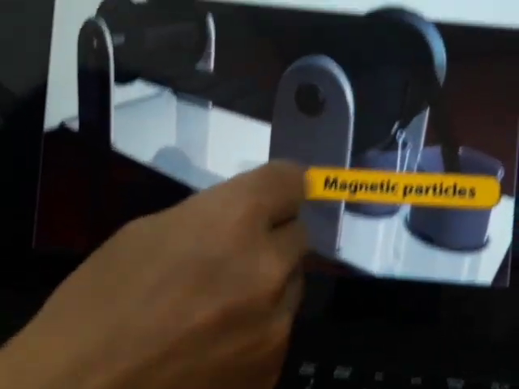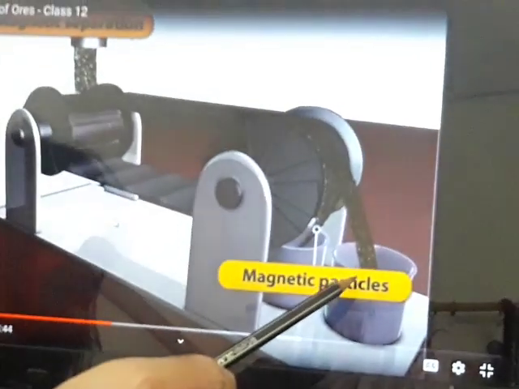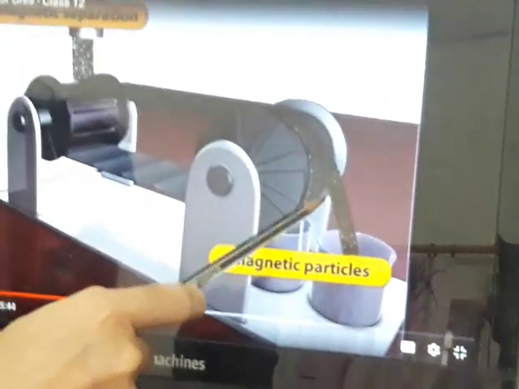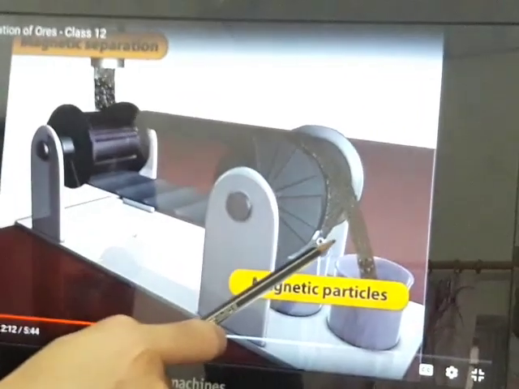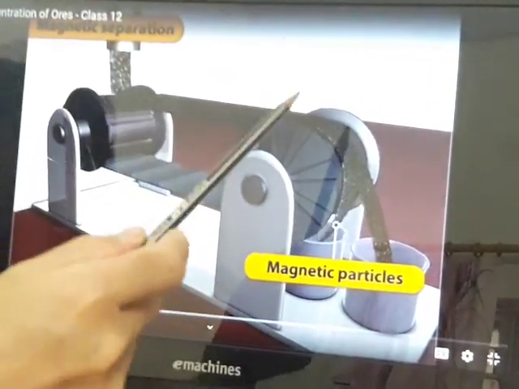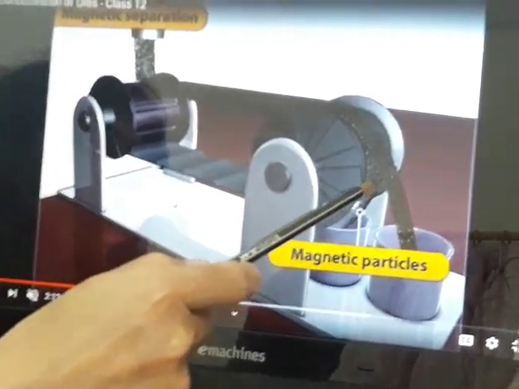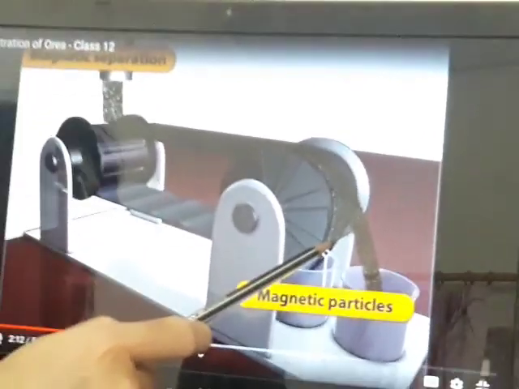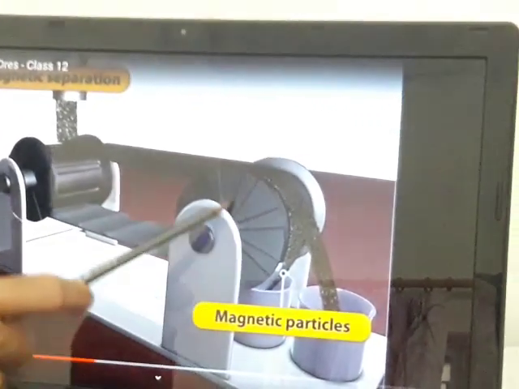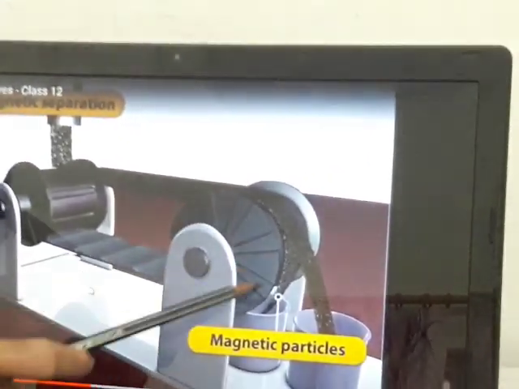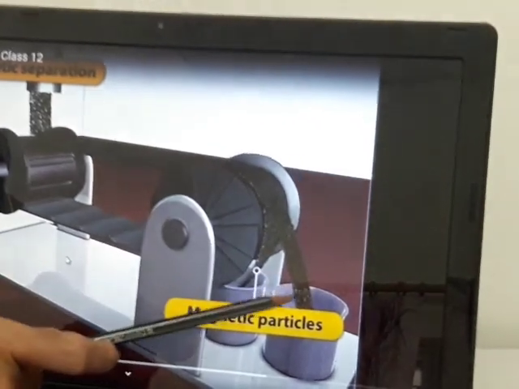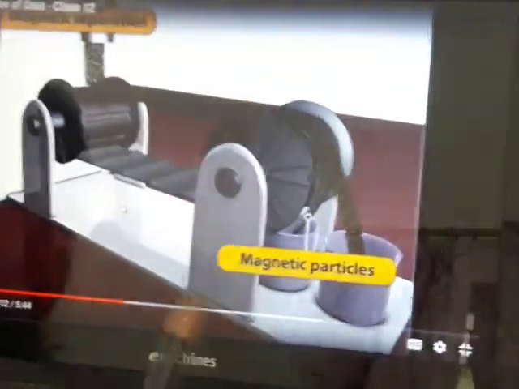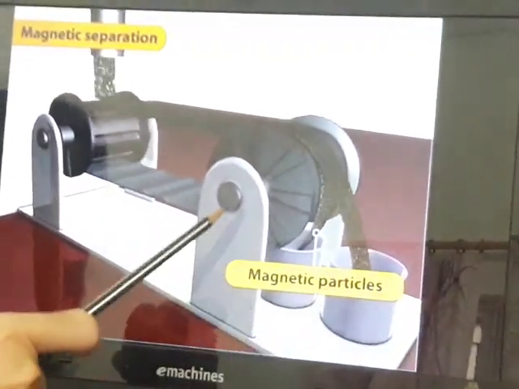The magnetic particles, because they have magnetic properties, will stick to this roller, and all those ore particles, for example iron, the iron ore will keep sticking to this belt, and it will be collected here after the belt is free from the magnetic field of this roller, whereas the gangue particles, which do not suffer any magnetic attraction, will come down to this place. See this one.